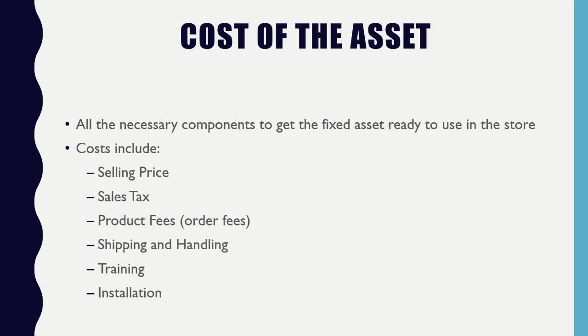These are all things you're required to know to be part of the cost of the asset, because the purpose here is not getting it to your store. It has to go even further than that. It has to be ready for service.